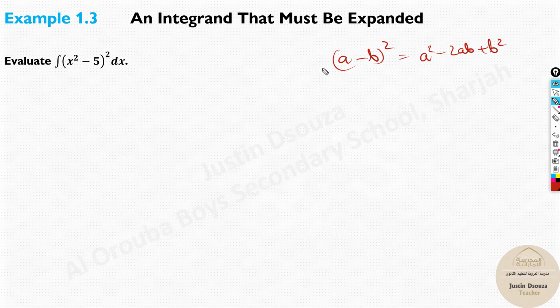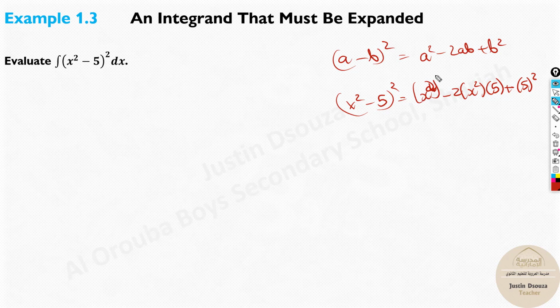So what's going to happen here? Instead of a, I have x squared, and instead of b, I have 5, then whole squared. So here a squared, but already this is x squared, so x squared the whole square becomes x power 4, minus 2 times a is x squared, b is 5, plus 5 squared.